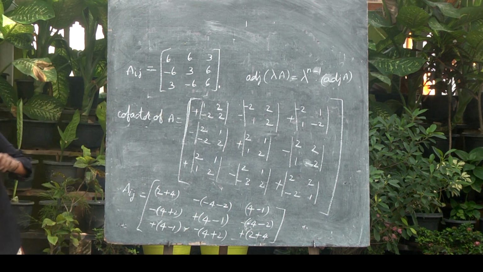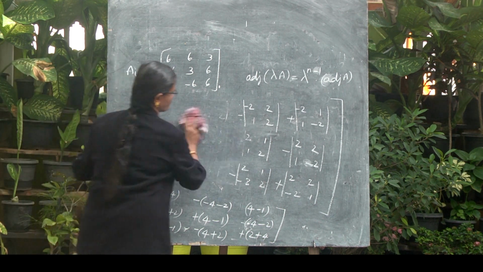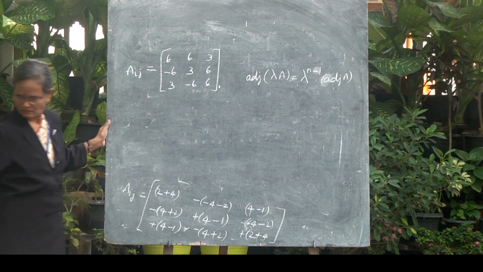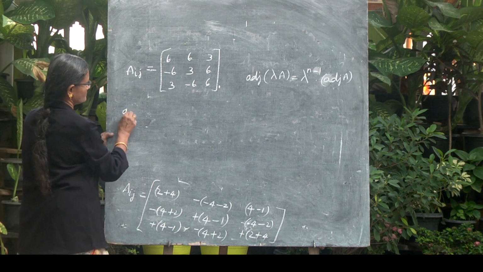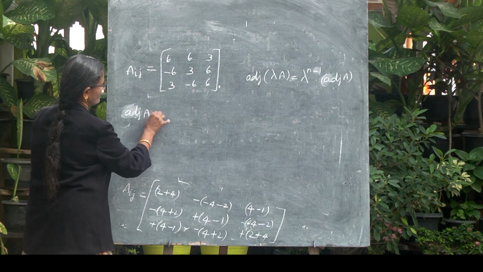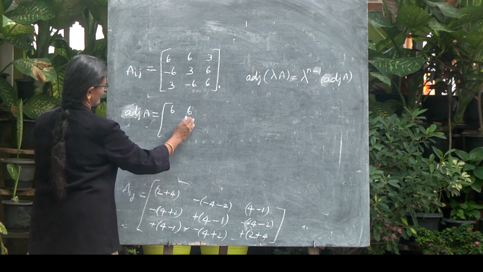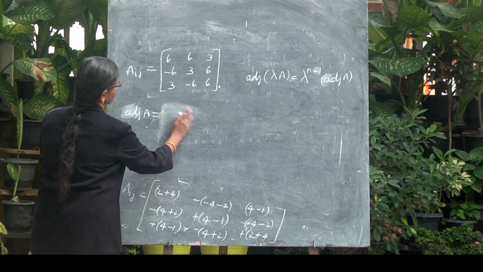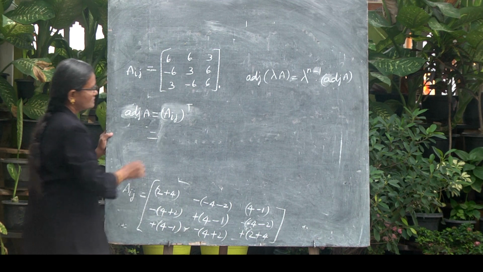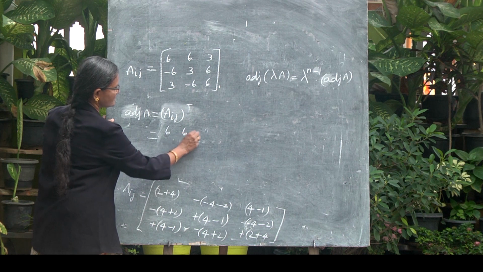Now we can find out the adj of A. Adj of A is Aij, the whole transpose. What is the cofactor matrix? In the first row, 6, 6, 3.